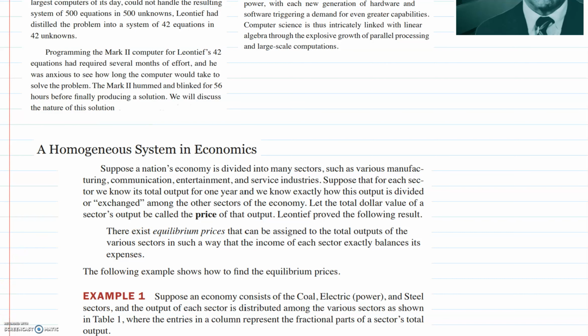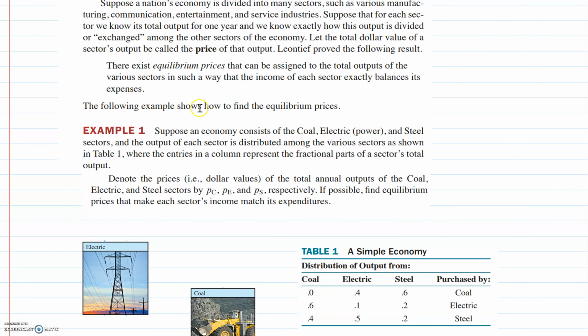So let's look at example 1. The following example shows how to find those equilibrium prices. Suppose an economy consists of coal, electric, and steel sectors. We're just going to use 3 sectors to keep it simple. The output of each sector is distributed among the various sectors as shown in table 1, where the entries in a column represent the fractional parts of the sector's total output.